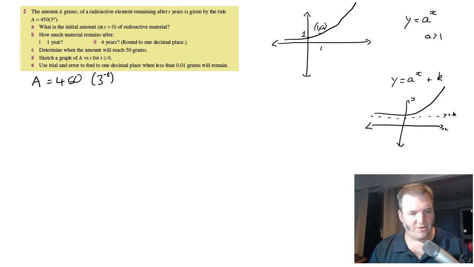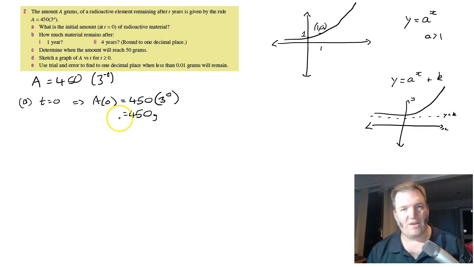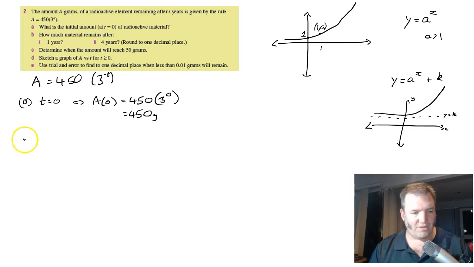When you're asked for the initial amount, and this is a very common question, the initial amount means that time t was 0. So the amount at time 0 equals 450 multiplied by 3 to the power of negative 0, which is still just 0. Anything to the power of 0 is 1. So the initial amount was 450. They gave us units in grams, so let's keep our units there like good little math students.